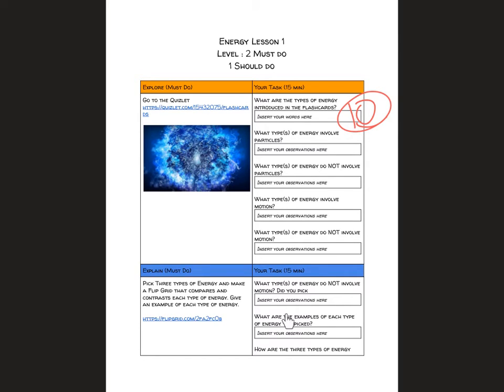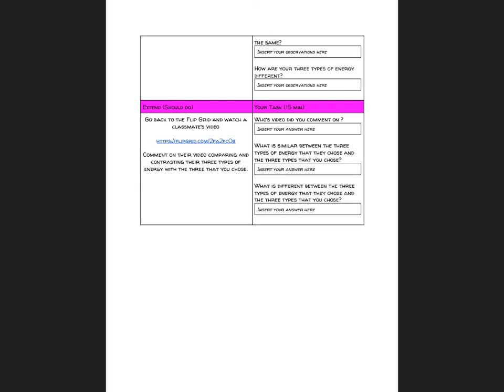And then I want you to briefly tell me the examples of each type of energy that you picked. Putting all of these things in here is like your notes getting ready to make your Flipgrid, okay? So I want you to fill those out. I need you and want you to tell me how these 3 energies are the same and how they are different. So this is kind of like your notes.